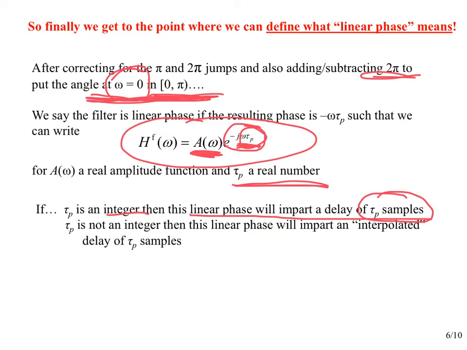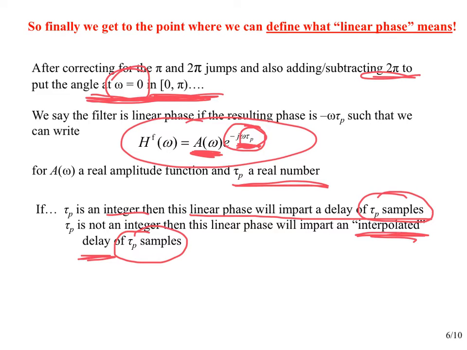And what that would effectively do is, you can imagine going back to the continuous time world, shifting by the equivalent of tau p samples converted back into seconds with the appropriate sampling rate, shifting it by that amount and then resampling at the actual sample points. And so this is what we mean by interpolated delay. So, effectively, it looks like you're just shifting the function and resampling it, is basically what we're talking about there.